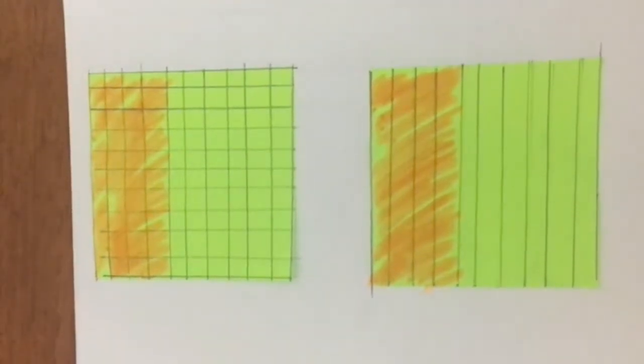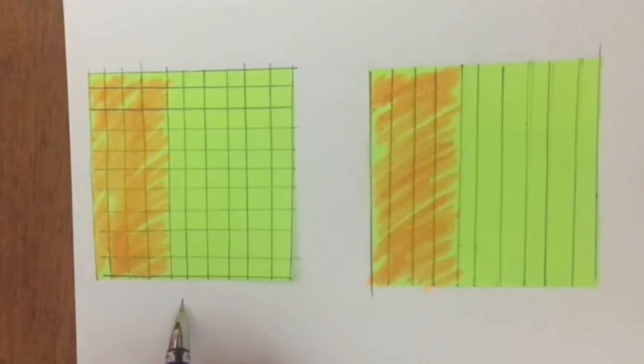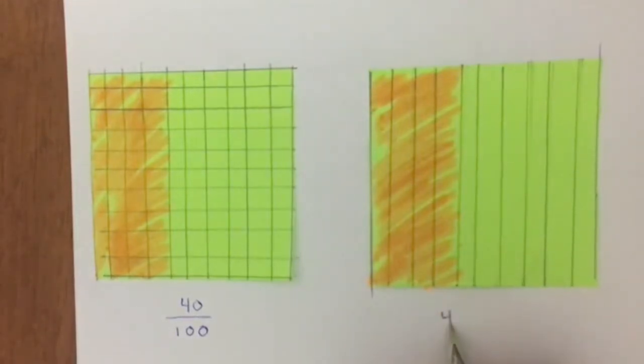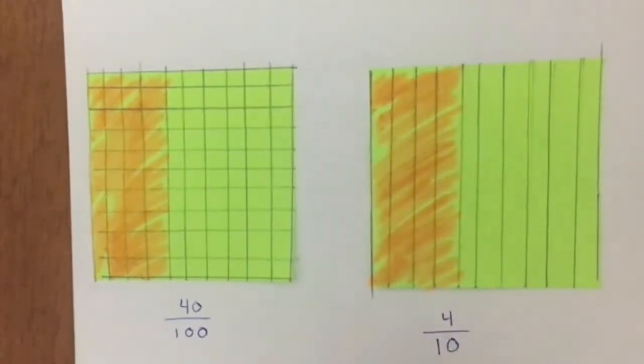Let's try as fractions. This one is 40 out of 100, right? I have 40 shaded squares from 100. Now the second one, I have 4 columns out of 10 columns.